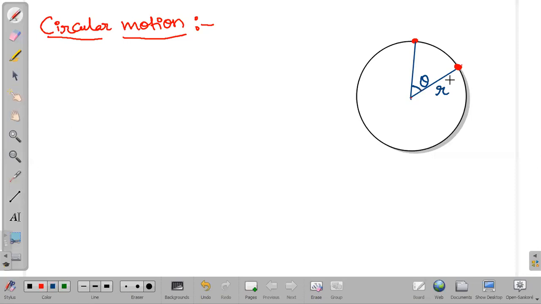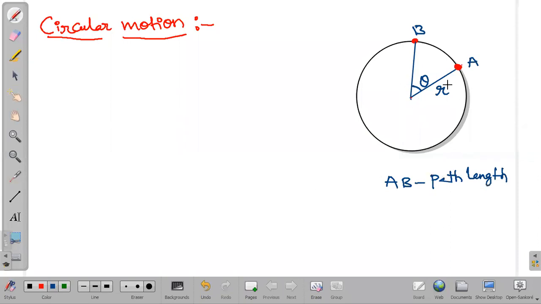Now, whatever distance it has traveled along this path, suppose I consider this as A and this as B. The distance from A to B, we will consider as the path length or distance traveled. This path length concept we have seen in the starting chapter, right? Path length is the arc length of this circle, so this arc length can be taken as the distance.